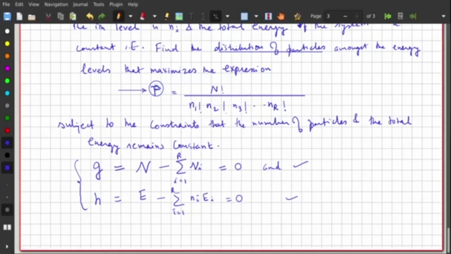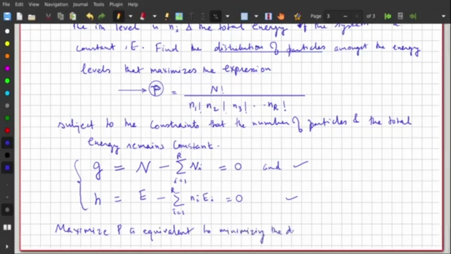So maximizing P is equivalent to minimizing the denominator or the logarithm of the denominator.